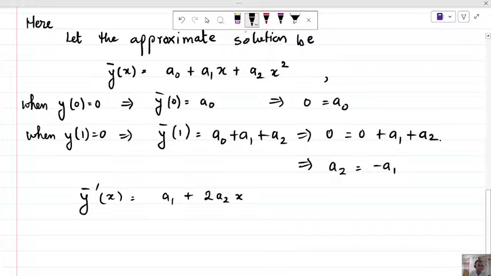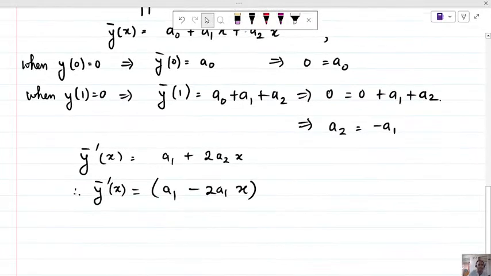So here when you take the derivative you get this. Now we already got a relation that a2 is minus a1, so I'll substitute that over here, so I'll get a1 minus 2a1x. Okay, that is y bar dash of x we got.